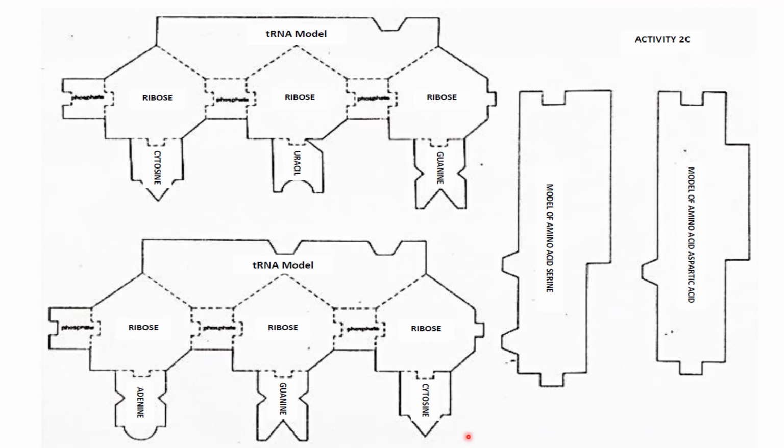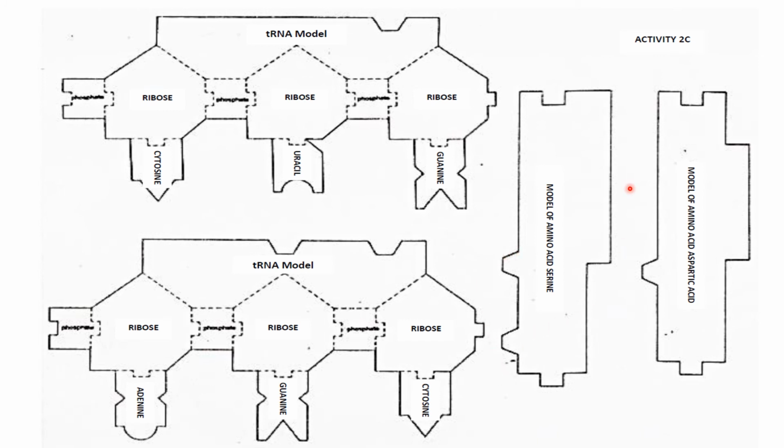This is the template which I gave you. You have to cut this out and use the color code for ribose, phosphate, and the nitrogenous bases: uracil, cytosine, guanine, and adenine. Also, on this part, you have two models of amino acid. This one's the aspartic acid, and this one's the amino acid serine.